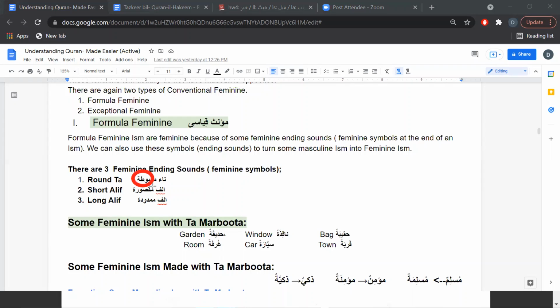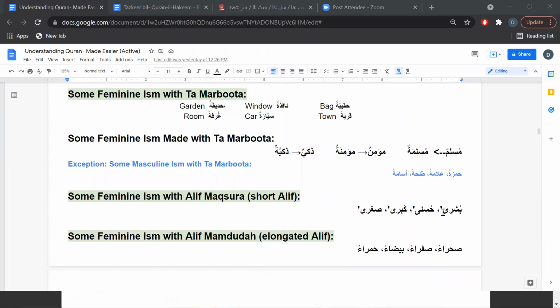When you see a ta marbuta at the end, you say it's a feminism. And another ending is alif maksura. Alif maksura is like this: Bushra, Husna, Kubra. So you have alif maksura or short alif. If you see a short alif at the end, then again it's a feminine ism.